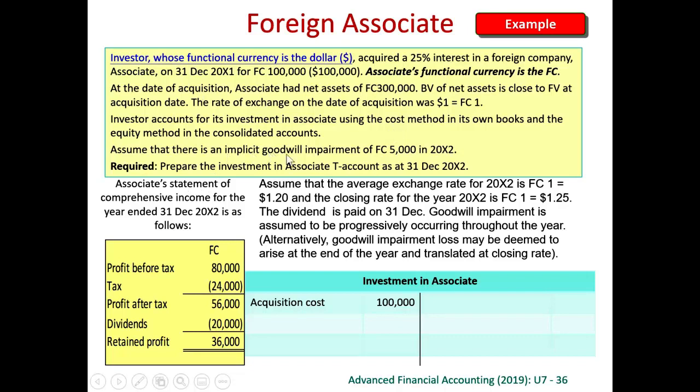There has been an implicit goodwill impairment of FC 5,000 in 2002. This is the statement of comprehensive income for the year 2002, and we have the exchange rates. Initially, we recorded this investment at cost. If we consolidate this in dollars, this is $100,000.